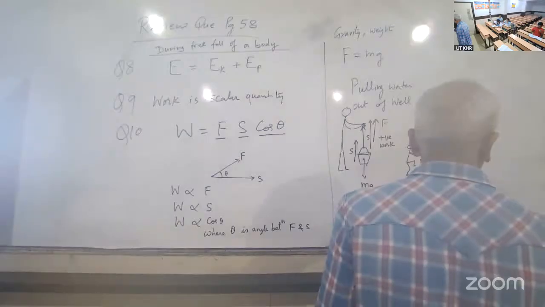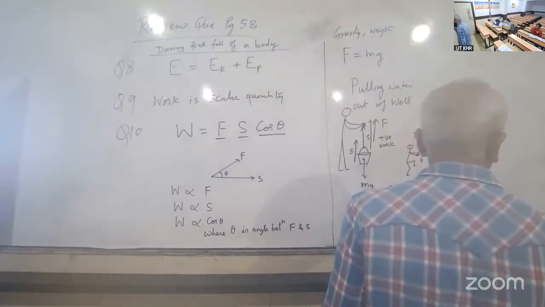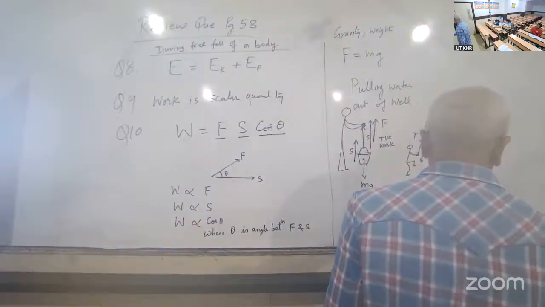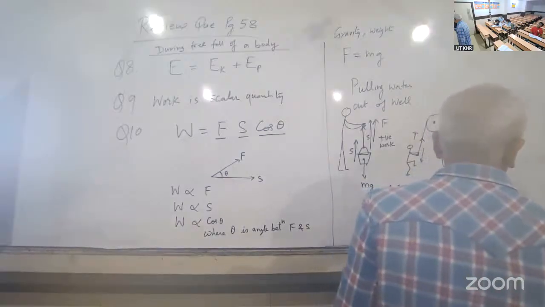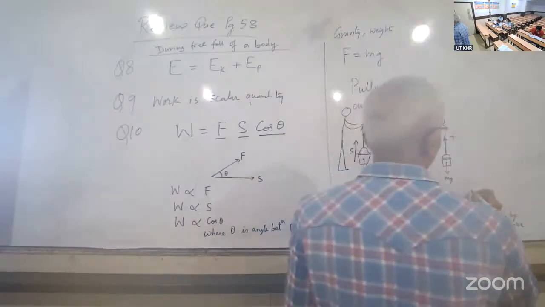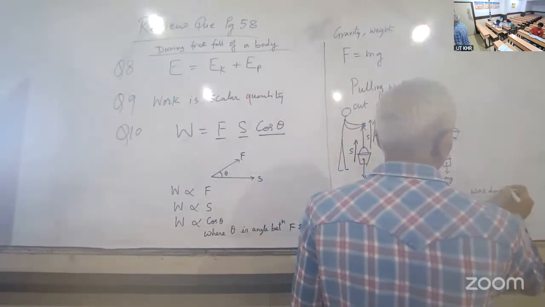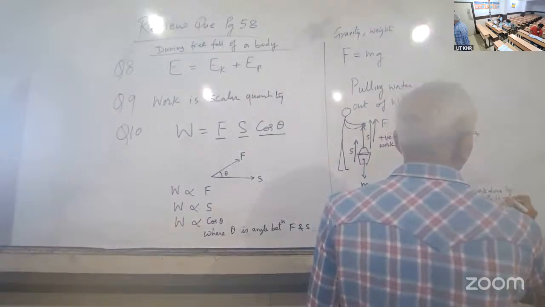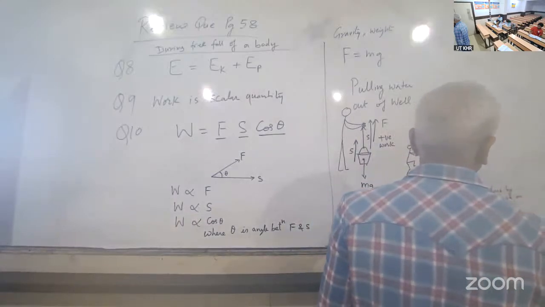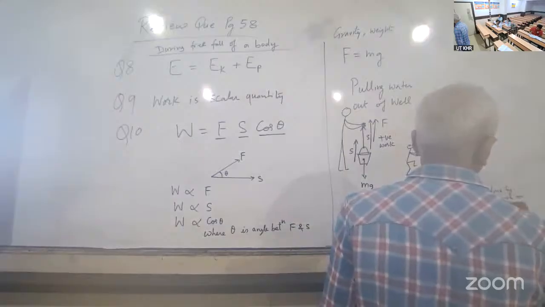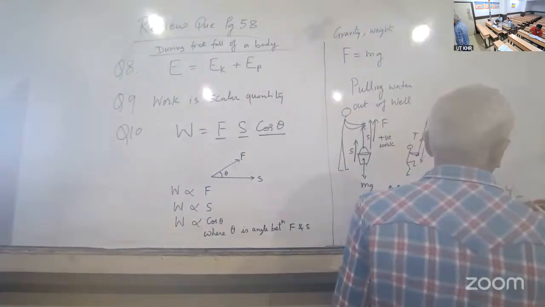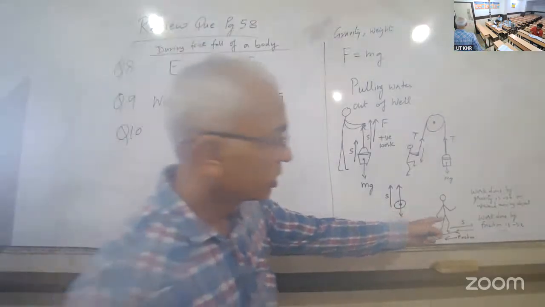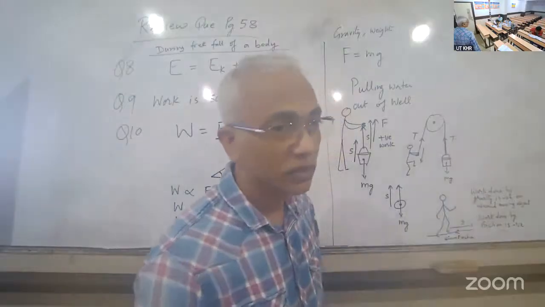The work done by gravity is negative on upward moving objects.